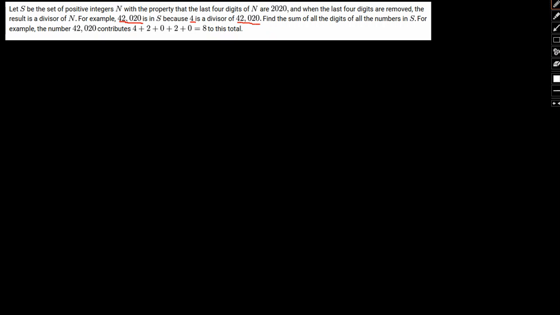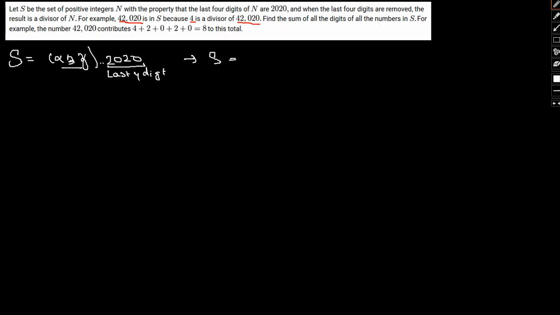So here S will be some alpha, beta, gamma, with 2020 as the last four digits, and the leading part can be any number.